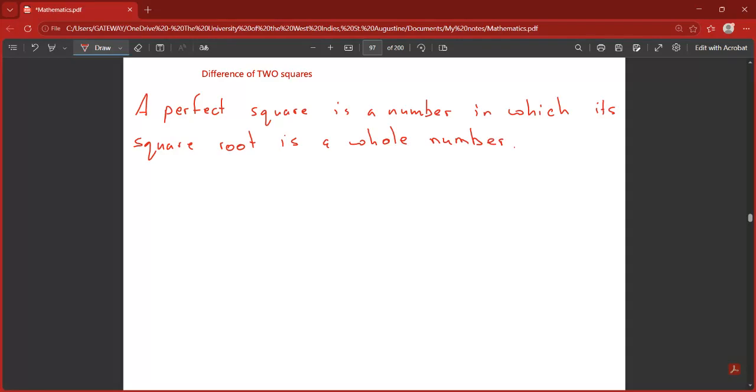So a perfect square is a number in which its square root is a whole number.